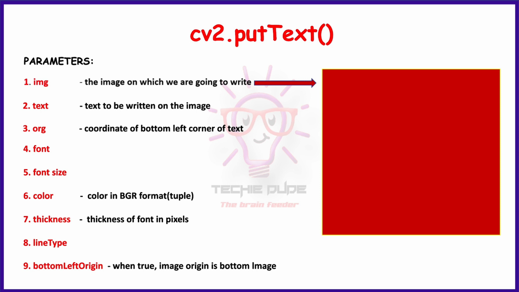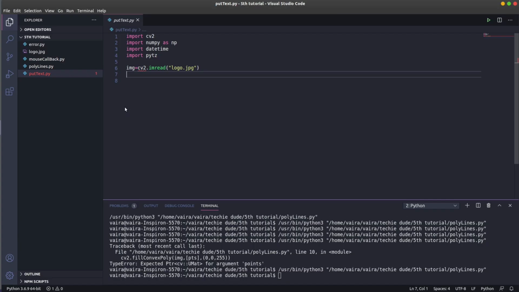Now let's look into the programming part of cv2.putText. So I've already made the necessary inputs which I'm going to use in this function, and I've read the image, and let's do the coding part. Let me specify the text to be, say, techidude, and let me specify the origin to be the bottom left of the image.